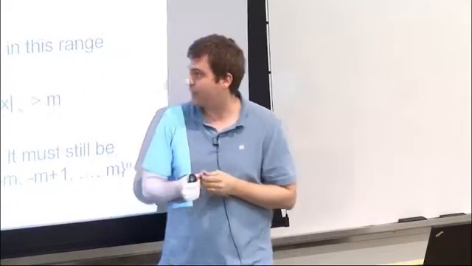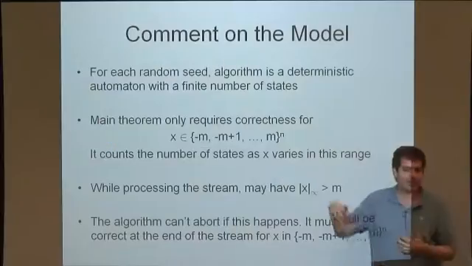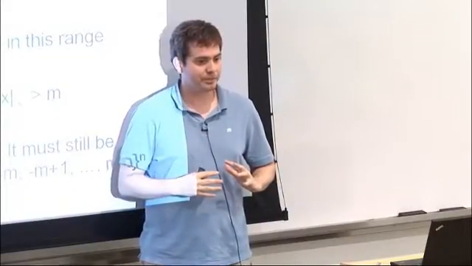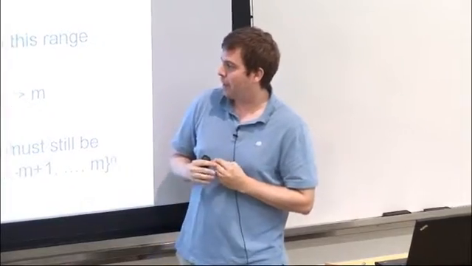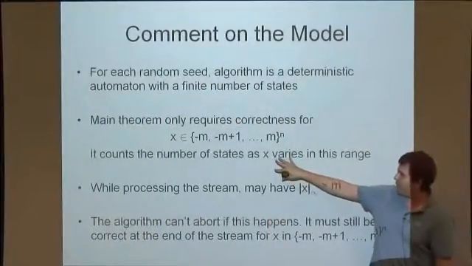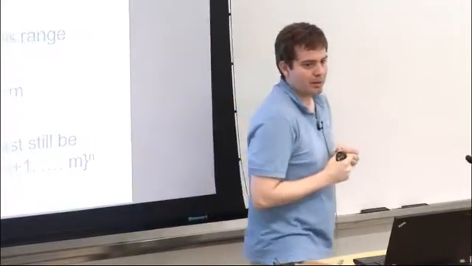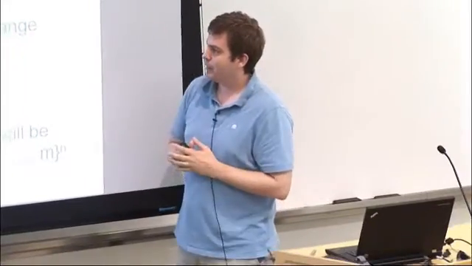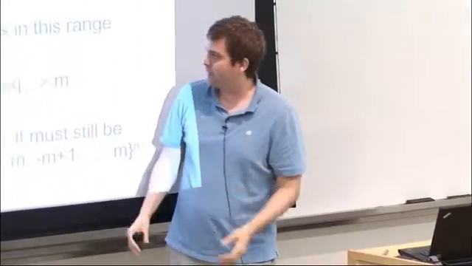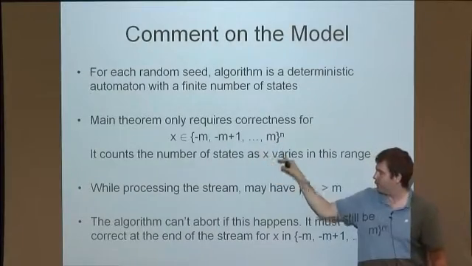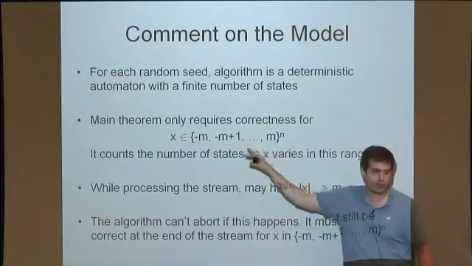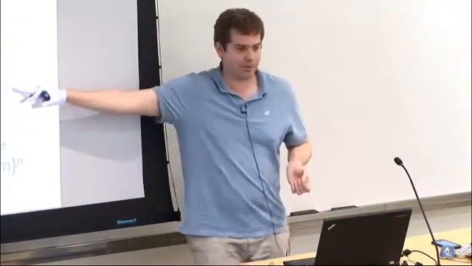And this is a feature in the sense that from the automaton we produce a linear sketch, and the number of states of the linear sketch is about the same as the number of states of the optimal algorithm when measured in this way. If we produce a linear sketch, we're counting the number of images Ax as x ranges over this box, instead of Ax for all possible x with large coordinates.